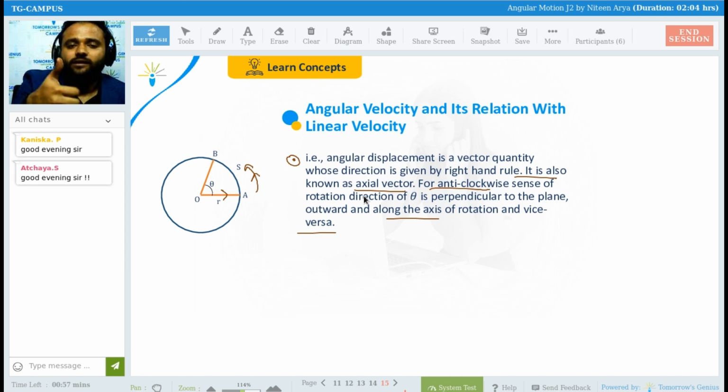Using the right hand thumb rule, with which we can find the direction of a vector, you automatically get theta, which is S cross R or R cross S. In general R cross S is going to be upper side. That is why it is positive.